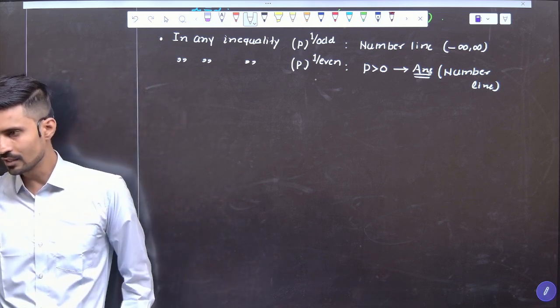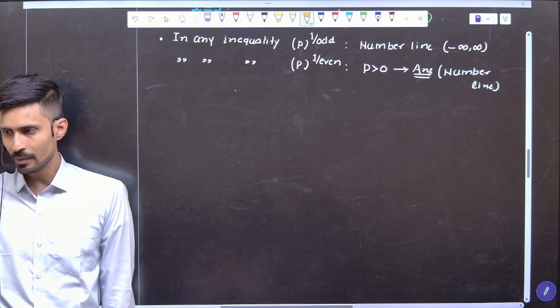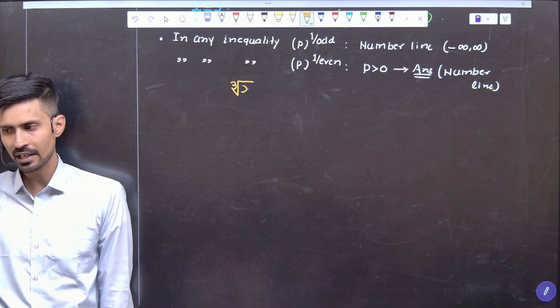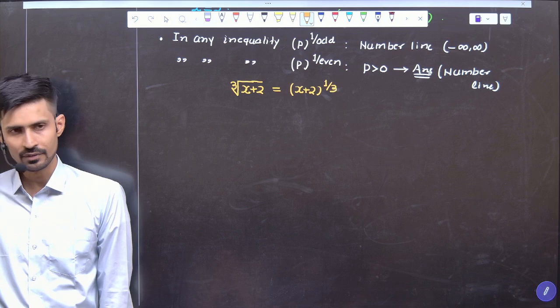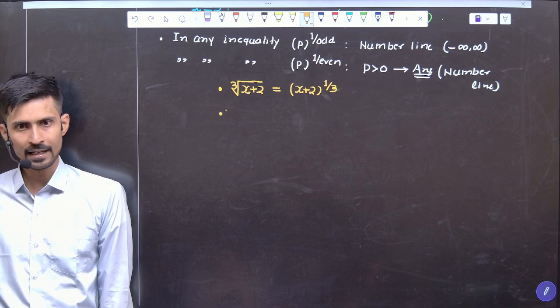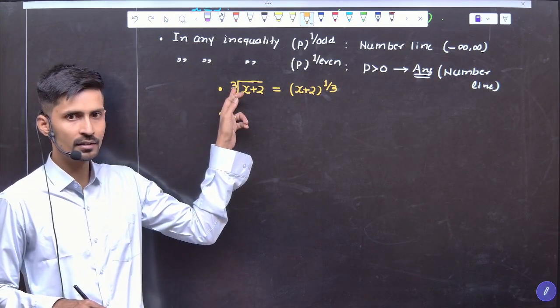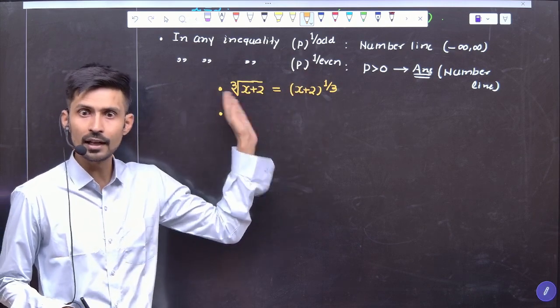And one more thing here, apart from this, this is from our 7th or 8th class mathematics. Do you remember, if a square root is written with 3 here, and here I write x plus 2, what does it mean in degree? X plus 2 raised to 1 by 3. How many of you don't know this? Then remember this. Whatever number is written here, we remove this root part and the degree will go as 1 upon that number.